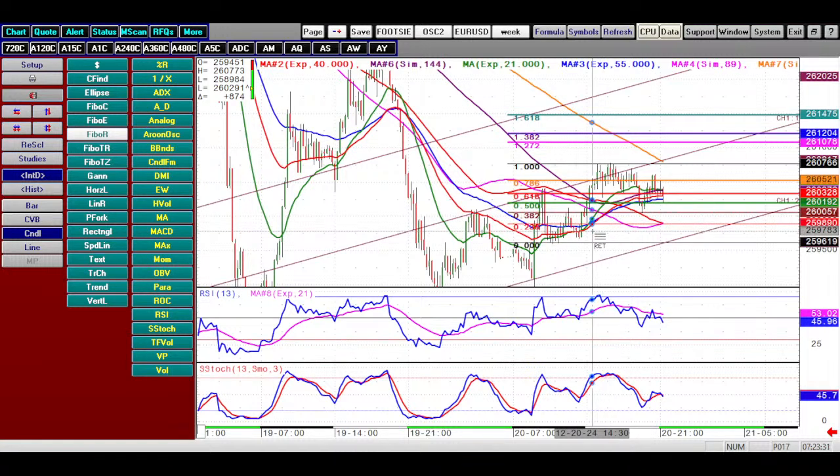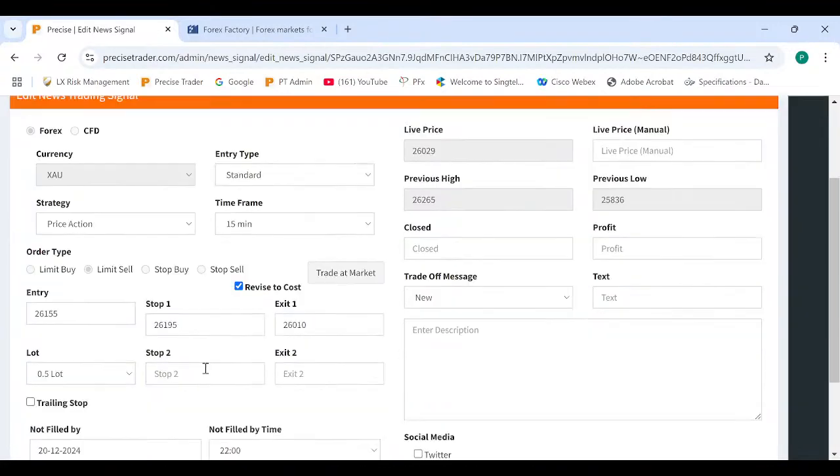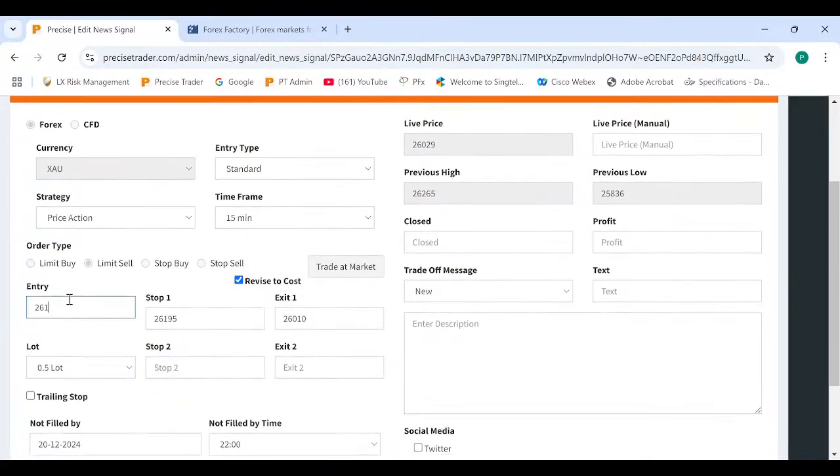So what we do is, we will try to change the order. Right now the market is 2603, so we'll try to reduce this to 13 half, and this is a half lot, so we'll try to go for 19 half as stop, and TP will try to exit at 2602.